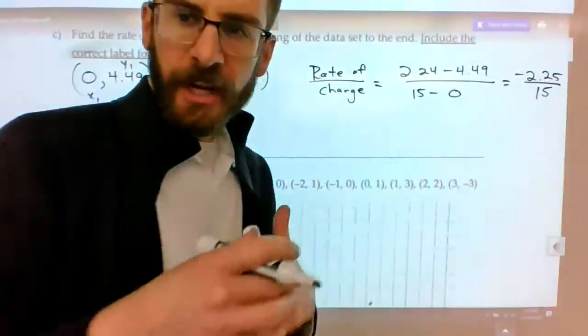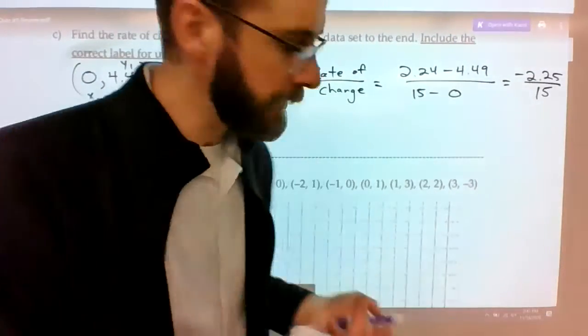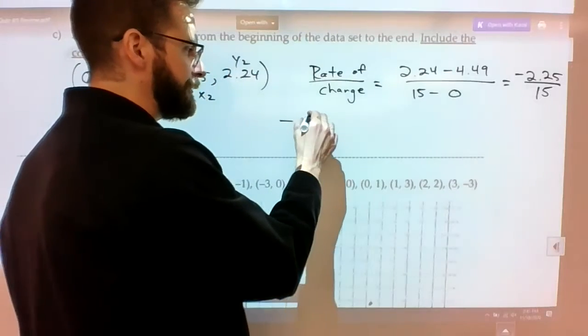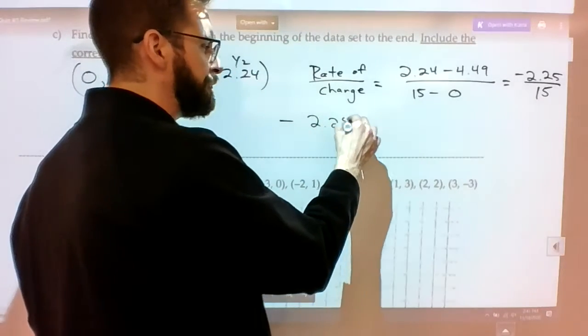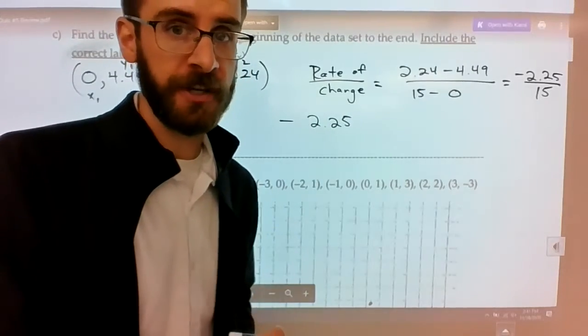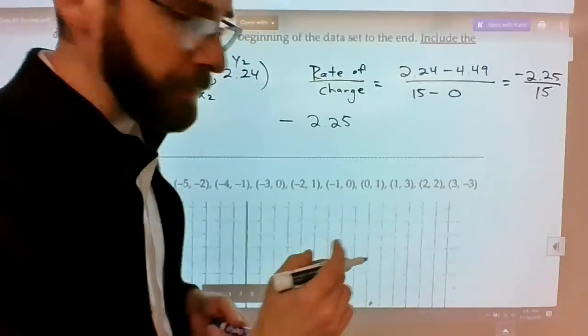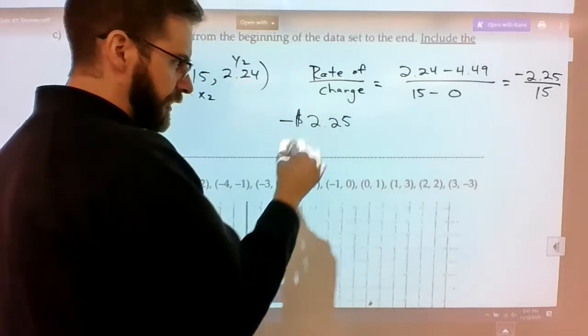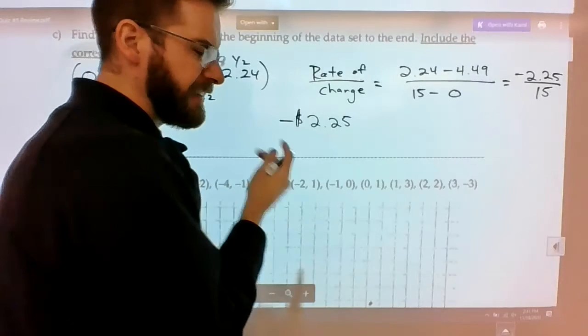All right. So let's make sure we understand what these units actually mean. These units mean it's negative 2.25 $100 million, because that's what our y coordinate represented. So I'm going to put the dollar sign here and then 100 million.